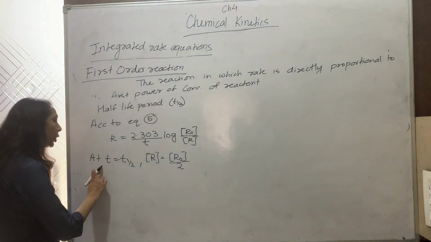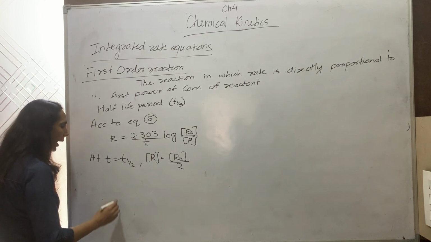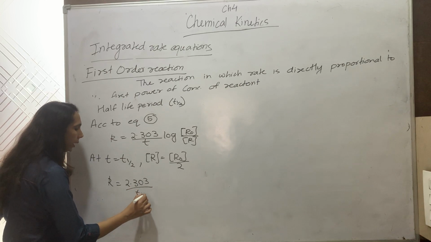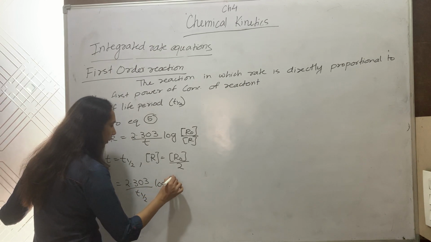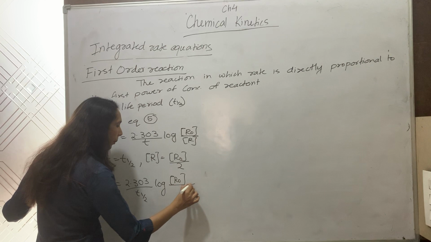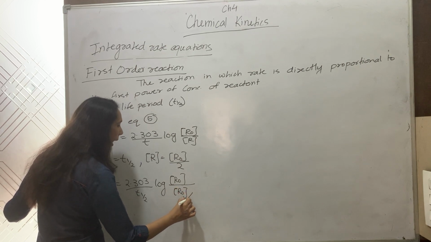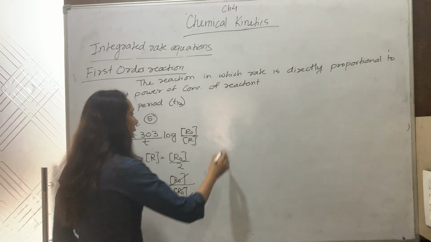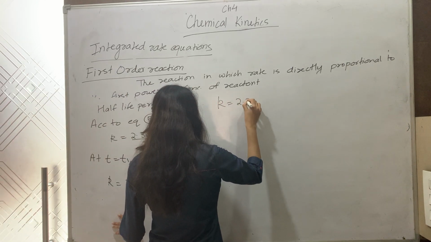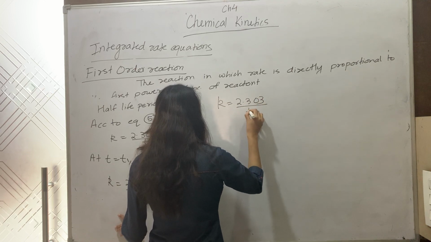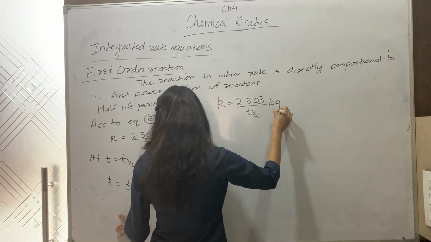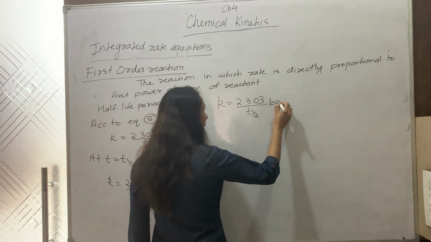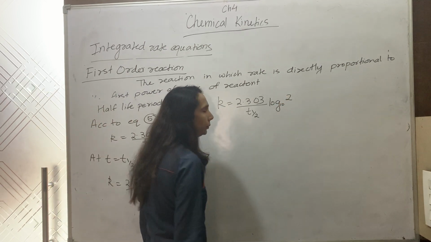Now, substituting these values in equation 5, K is equal to 2.303 upon T half log R naught upon R naught by 2. R naught and R naught get cancelled. So the equation becomes K is equal to 2.303 upon T half log to the base 10 2.